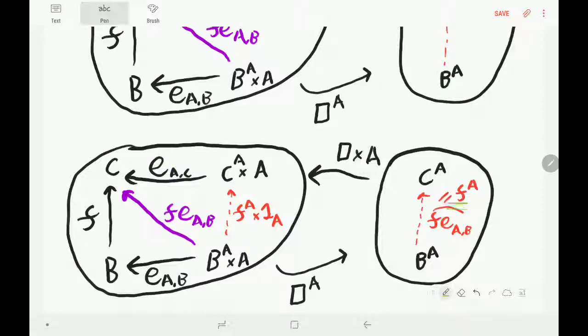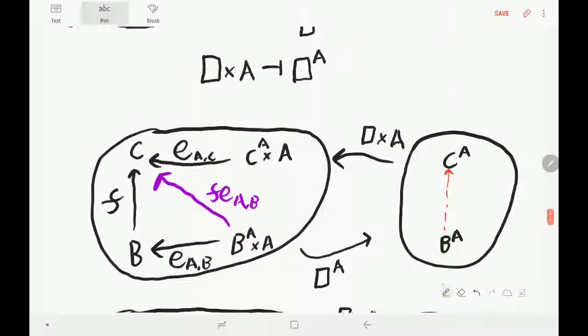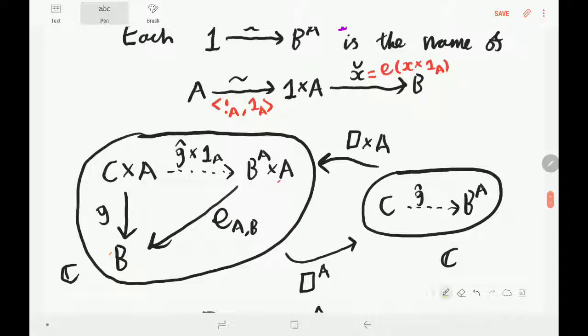Well, I mean, we can call this arrow, using our previous notation, the transpose of this purple arrow. So we could call it the transpose of f after E_A,B. That's its proper name, following this convention here.